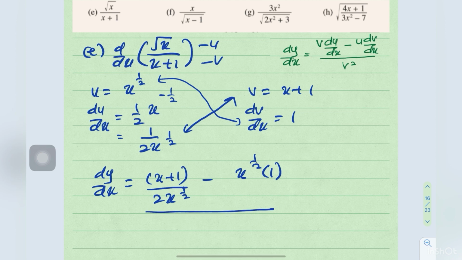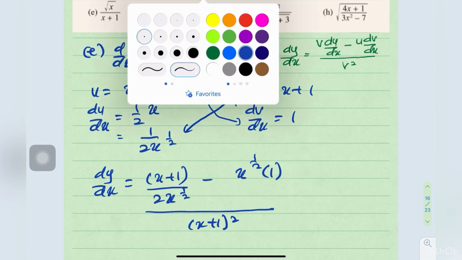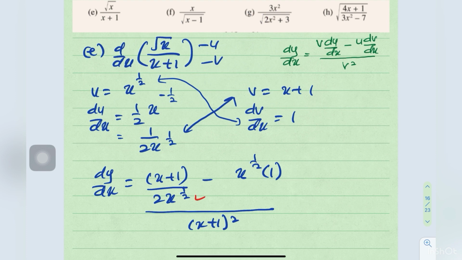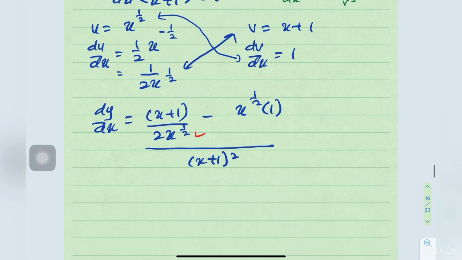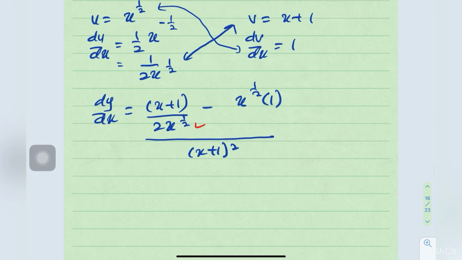Okay, don't forget over v squared, which is (x plus 1) squared. Okay, so you can see here, you have to equate the denominator. So meaning that we have this one over 2x to the power of 1/2 times 2x to the power of 1/2. Okay, so then you simplify.